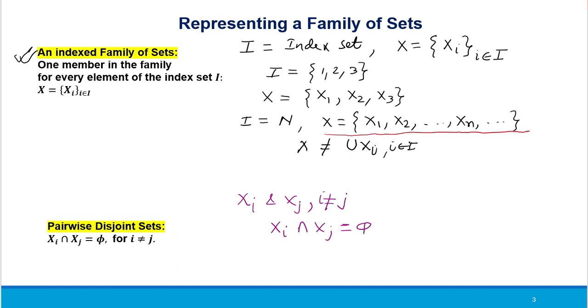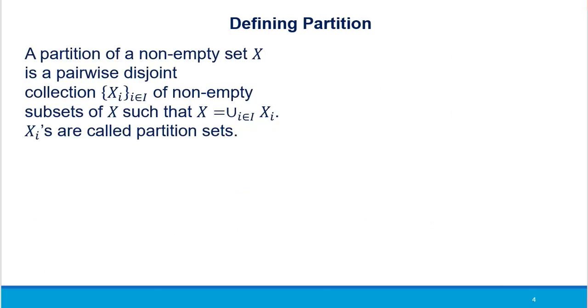So for any pair of different sets, if the intersection is phi, then we call the family pairwise disjoint sets. Now let us move to formally define the partition.